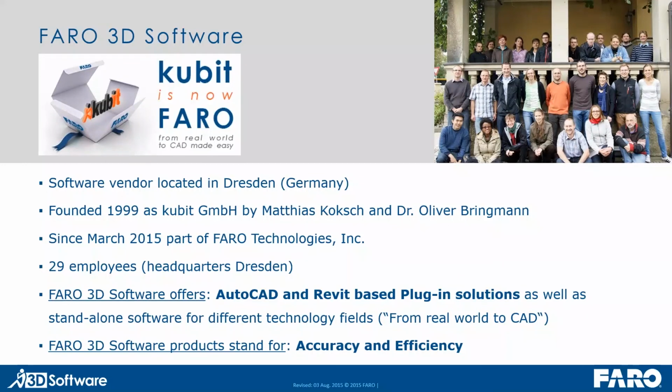Here in Dresden, we are about 30 employees, and we offer AutoCAD and Revit-based plug-in solutions, as well as standalone software for different fields of application. And our products do stand for accuracy and efficiency.